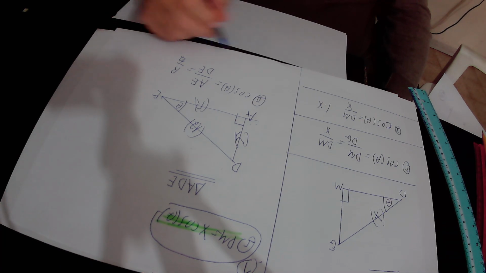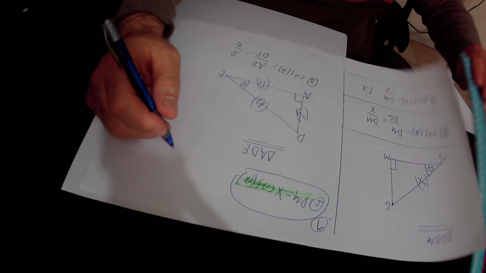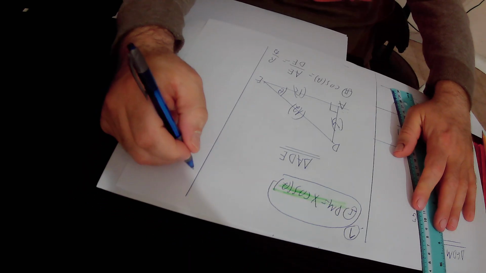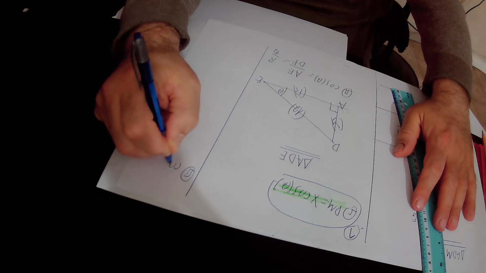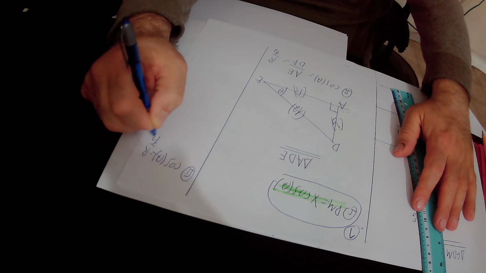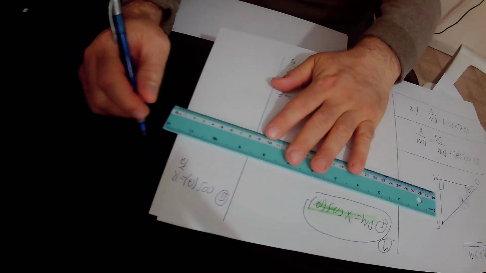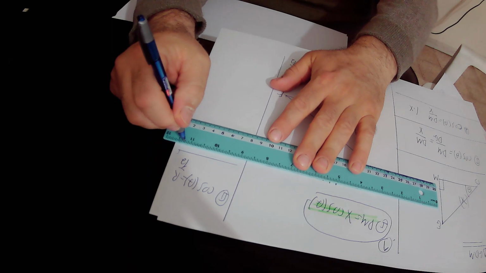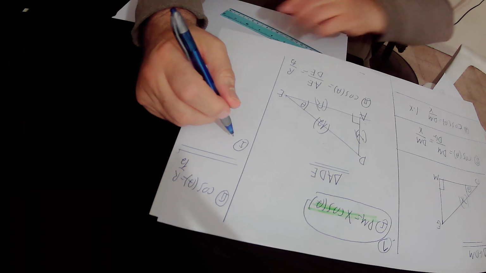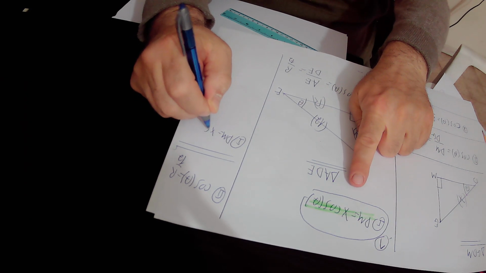So cosine theta, according to equation 2, is equal to R over 12. Well, according to equation 1, we already found that DM equals x times cosine theta.